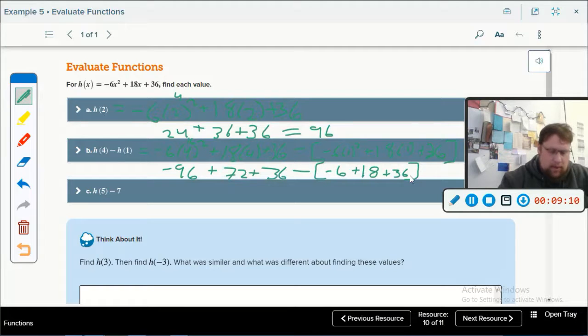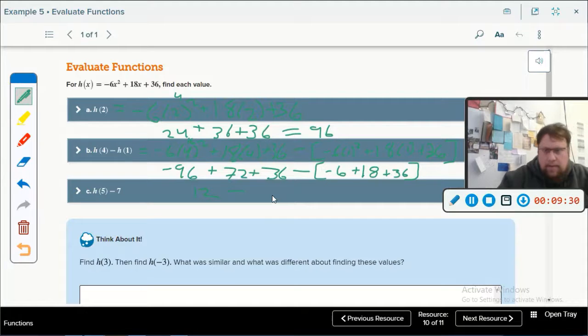So what do we got right here? We have negative 96 plus 72 plus 36, which equals 12. So that whole thing is 12. We're going to have minus, and what do we got here?